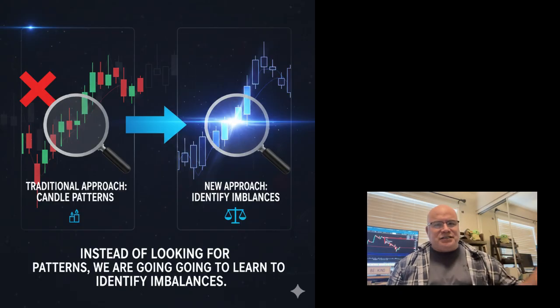So I just gave you the foundations of what a supply and demand zone is. In the next lesson, we're going to talk about the peaks and valleys, the anatomy of imbalance candles. And again, by the end of that session, your eyes will start to see what I'm talking about.